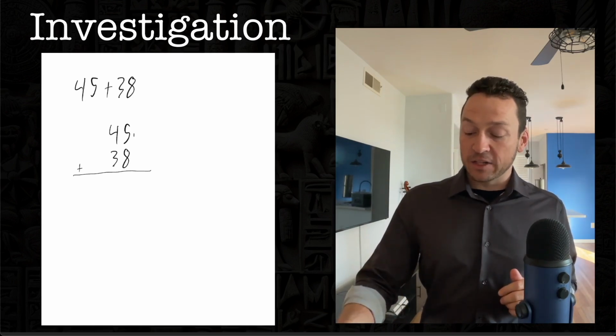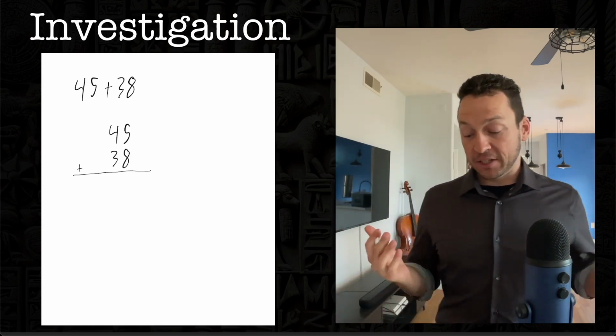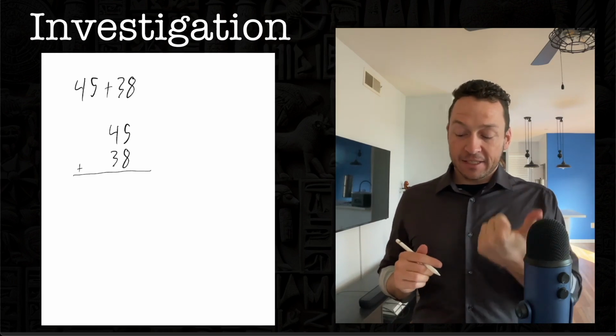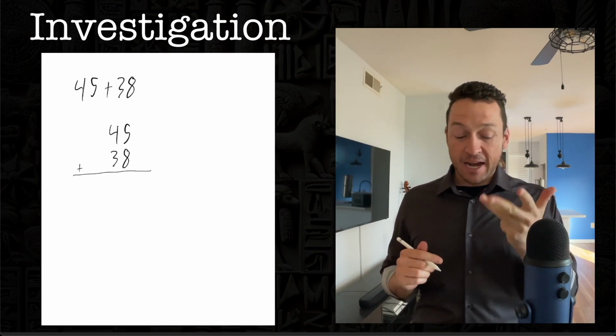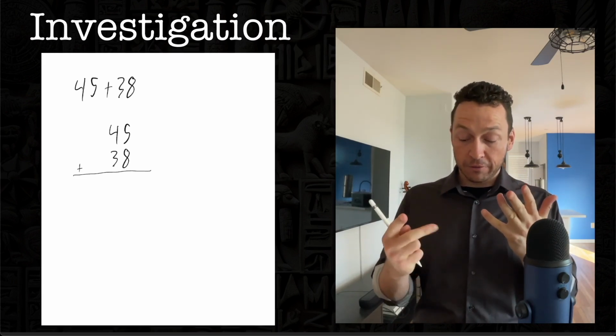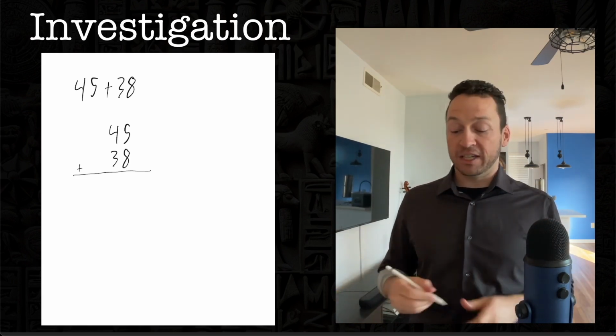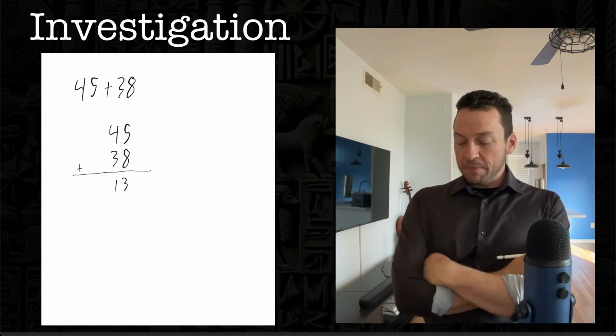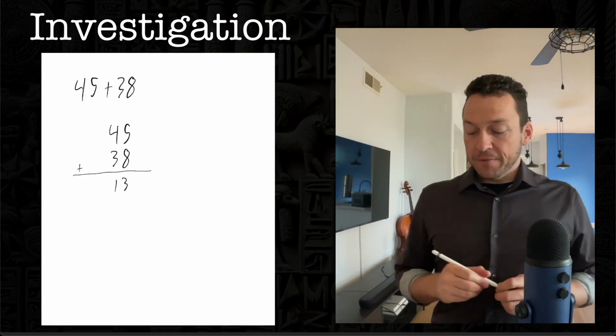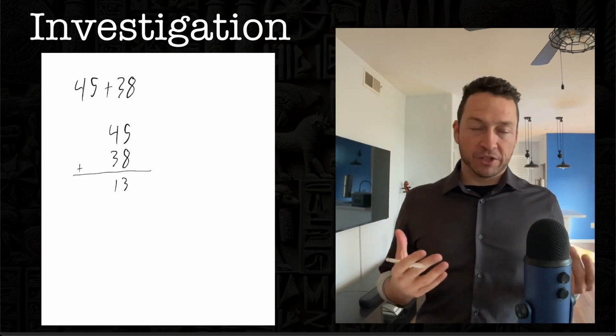So he's adding his ones together right now. He's going to start with 5 and then count up by 8. 6, 7, 8, 9, 10, 11, 12, 13. He knows what 8 looks like on his fingers, and he has counted up to 13. So he's going to write a 13 here. But then he realizes, okay, well, this 13 represents 13 ones.